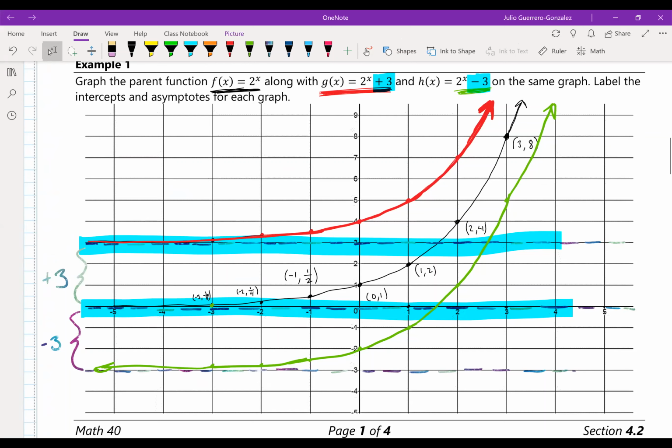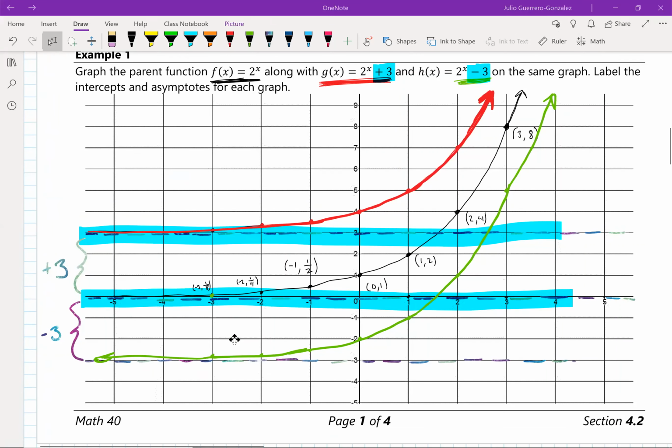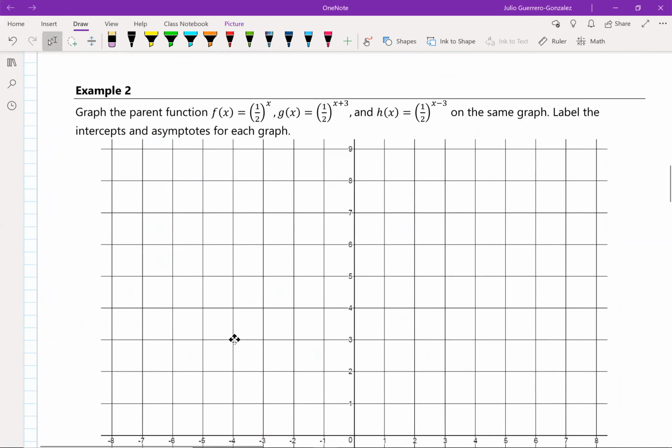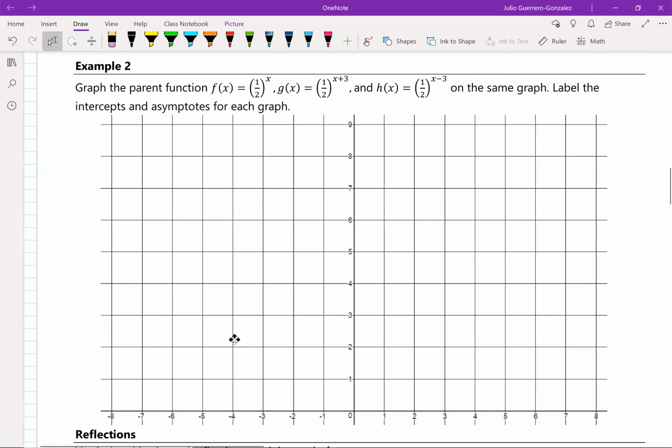So it kind of does the same thing in the bottom example. You get the 1/2 x, which would do essentially the same thing that you did on this one, and then you've got the x plus 3 on 1/2 of g(x). So that's just telling you to move up 3. In this case, we have a +3 and a -3 here, right?